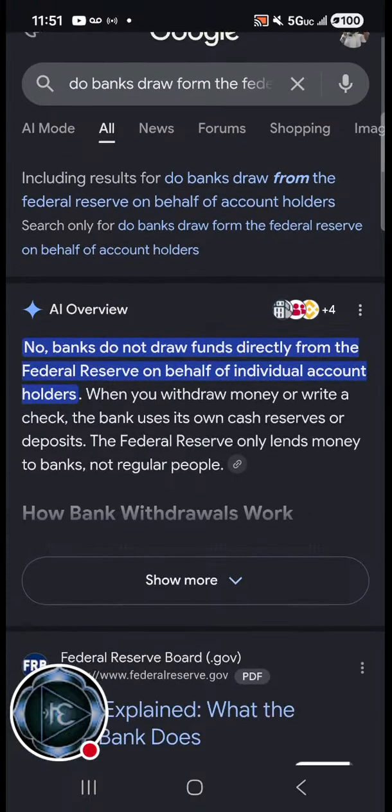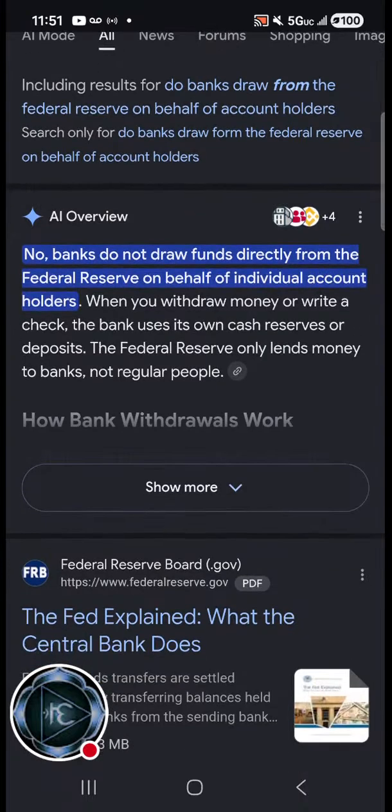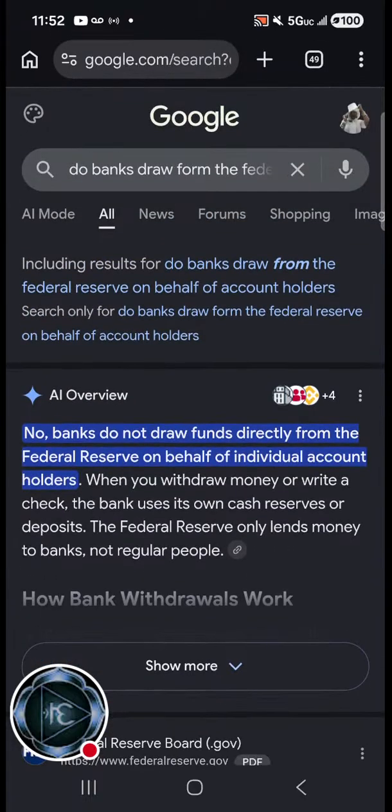So if you're being taught that the banks draw on behalf of the account holders when you put your deposits inside of their banks, that is totally different than applying for credit. Okay, so we don't want to even ask that question.